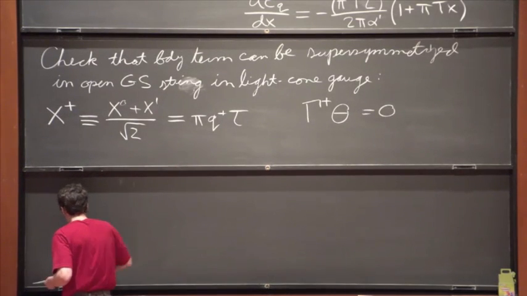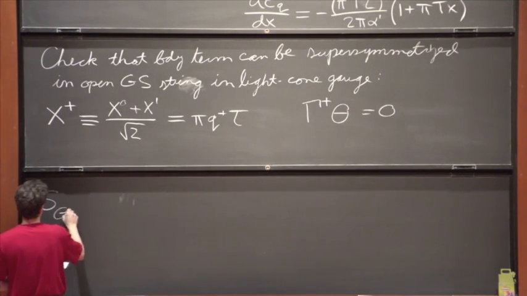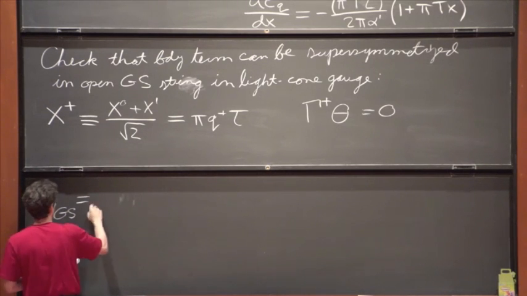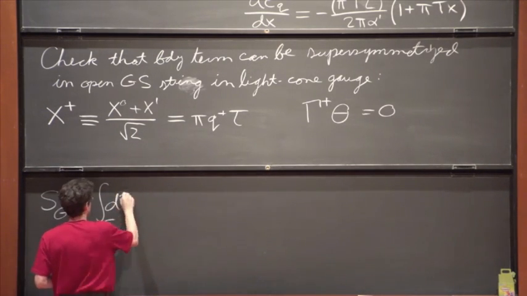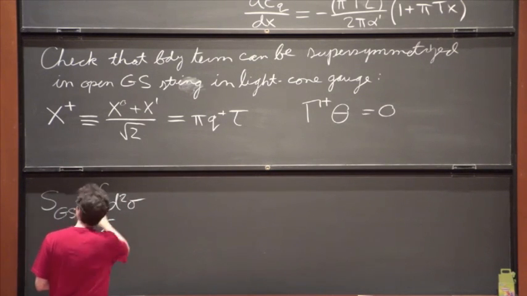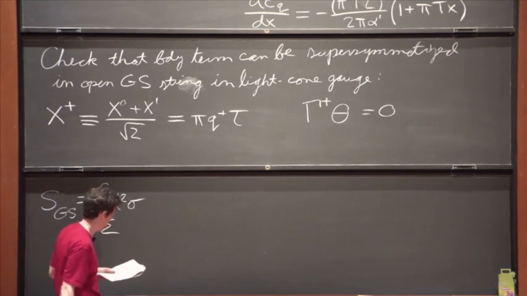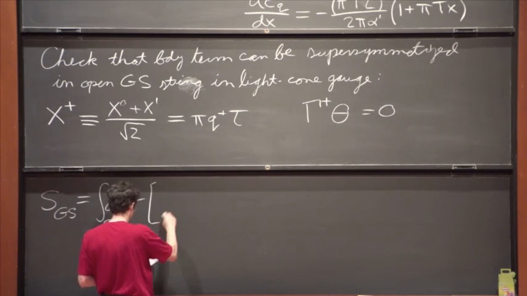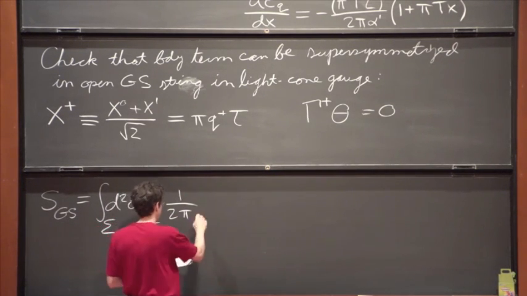The Green-Schwarz action looks like this. It's some augmentation of that Polyakov action that I wrote at the top of the first board. Some supersymmetrization of the Polyakov action.